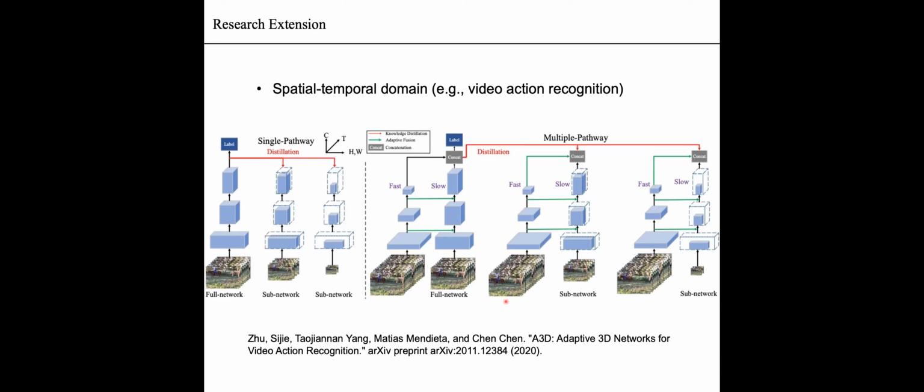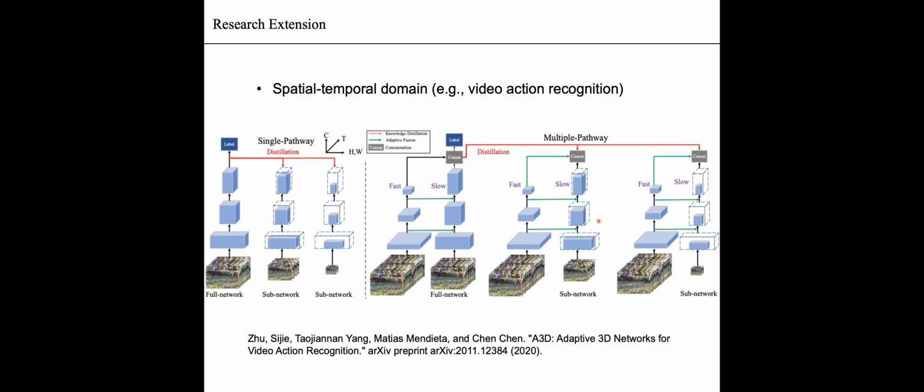So for example, one of the state-of-the-art 3D convolutional neural networks for action recognition is the SlowFast network. Basically it has multiple pathways. Here we have the fast pathway, operating at a higher sampling rate, but with a very small network in terms of width and depth.